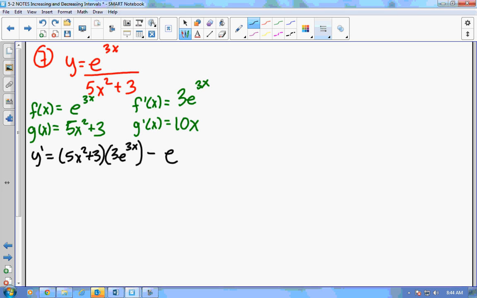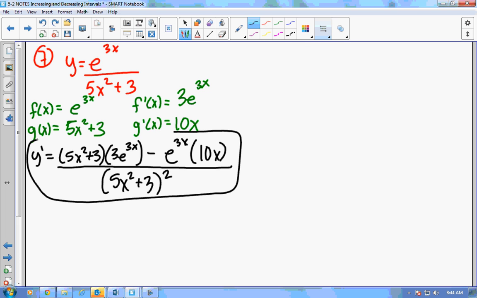Minus high d low over what? Low low. And for our purposes, we're just stopping here, squared, just to see that you can set it up correctly.